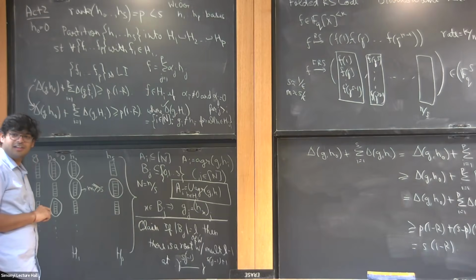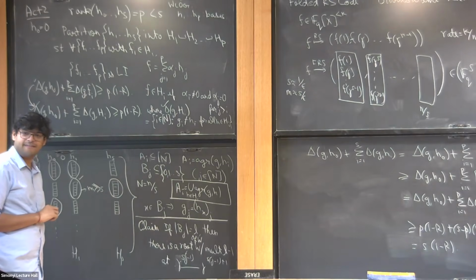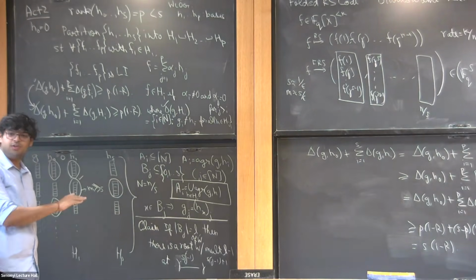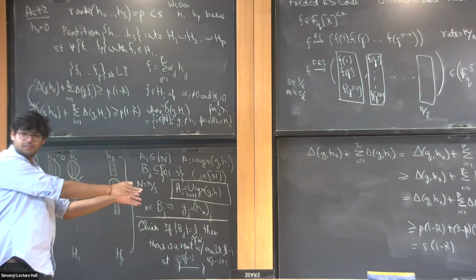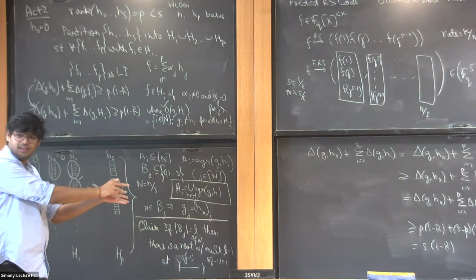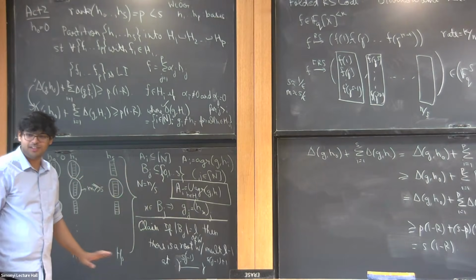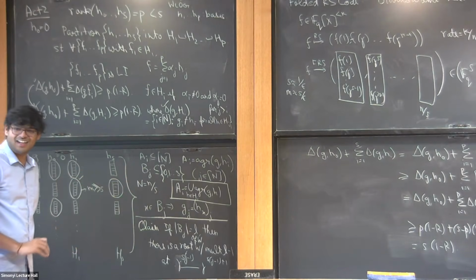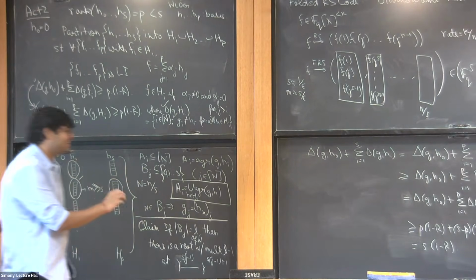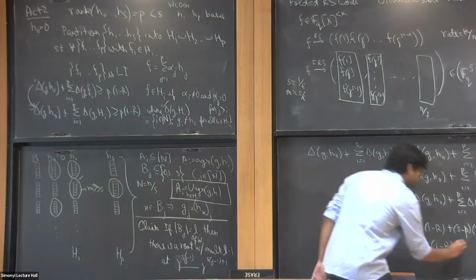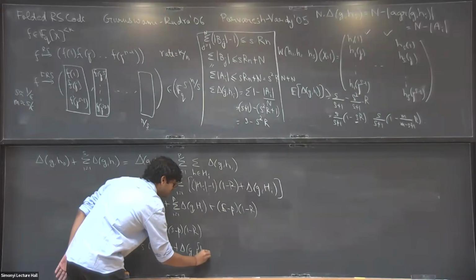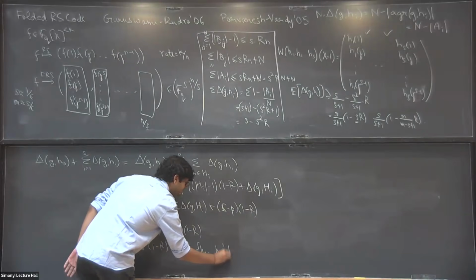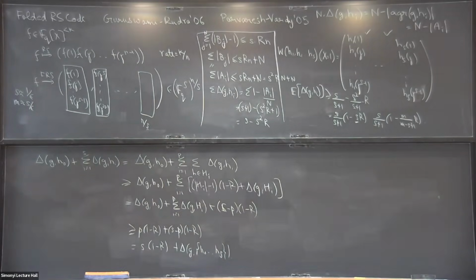Wait, I'm confused. Shouldn't we have proven a stronger statement? To make the induction work, you need to prove the dangling term appears here also. Is that what you mean? Yes. But you can believe that works. Believe me that works. You are cheating. Ideally, yes, there should be a delta G of two H's here.